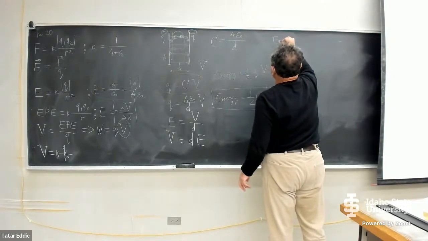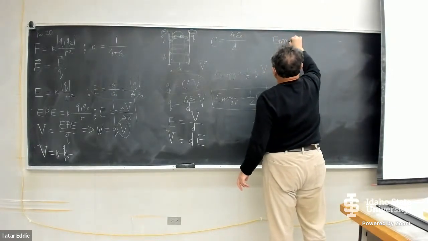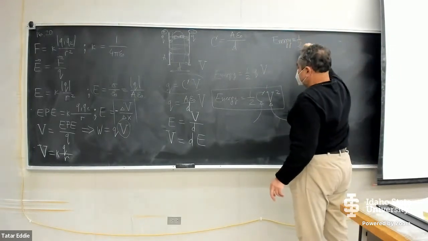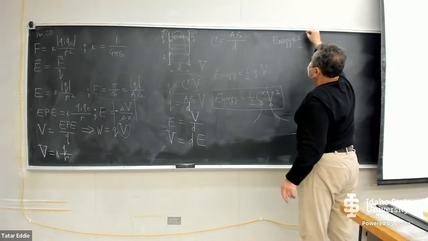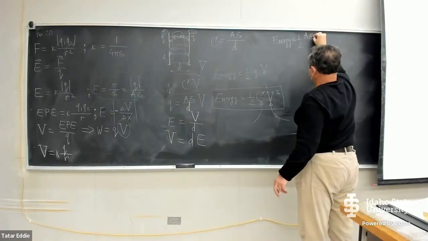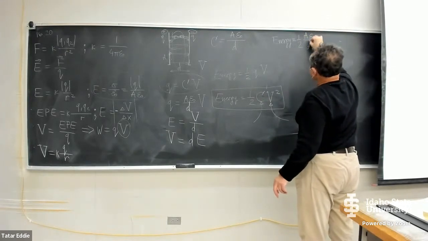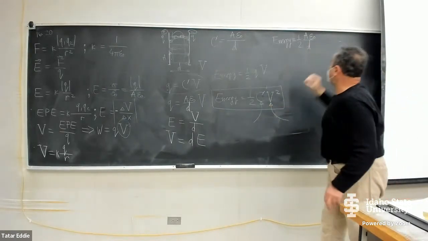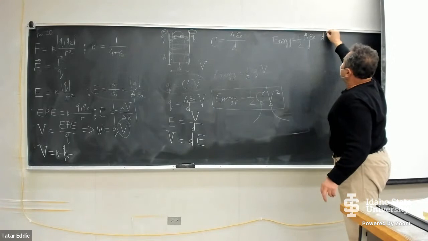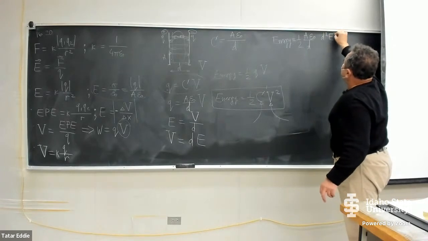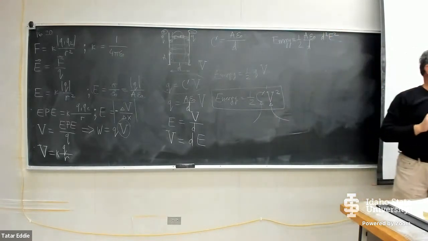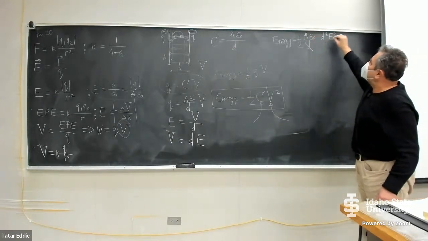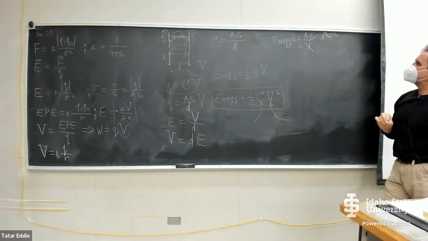You're going to get that the energy stored is equal to 1/2. So instead of capacitance, I have area, epsilon naught, over distance. And instead of V squared, I'm going to have distance squared, electric field squared. So a more complicated expression, but look, I can cancel one power of distance.